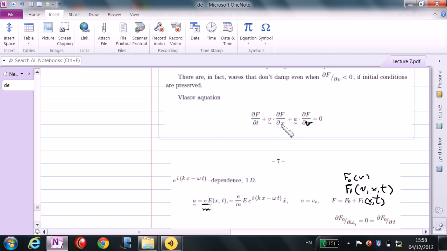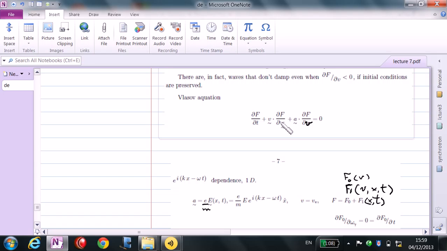X is an independent variable in phase space. V is an independent variable in phase space, like momentum. It's just that when particles are at a point (X, V), with emphasis on the comma here, the interpretation is that those are the particles moving in the direction of V, and therefore their change is given.